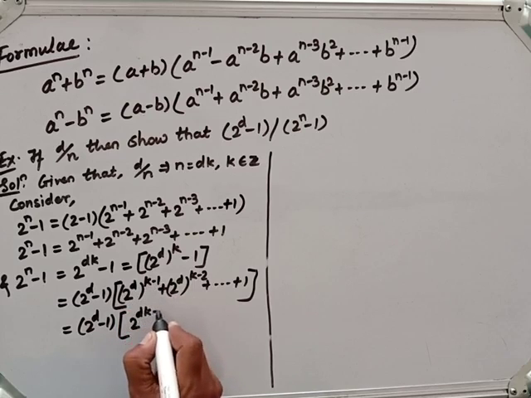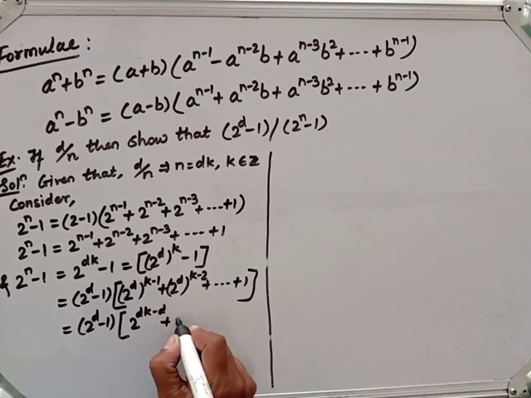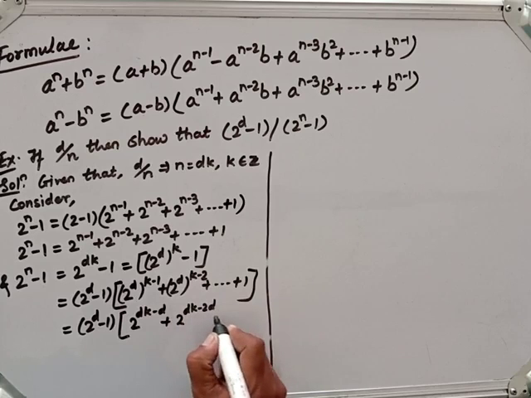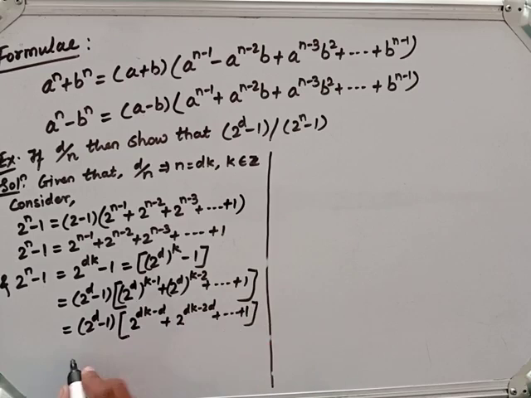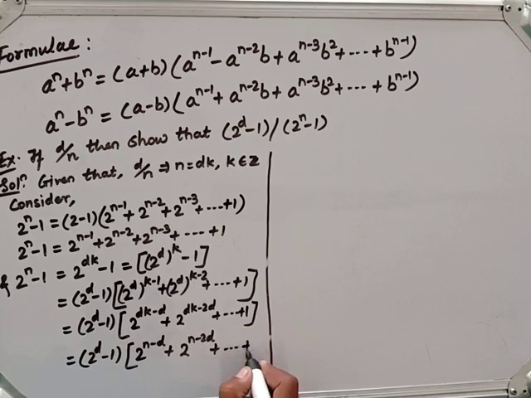This is 2 raised to dk minus d plus 2 raised to dk minus 2d plus, up to 1. This one. Fine. This is the same as 2 raised to d minus 1 into, what is here? 2 raised to n minus d plus 2 raised to n minus 2d plus, up to 1.